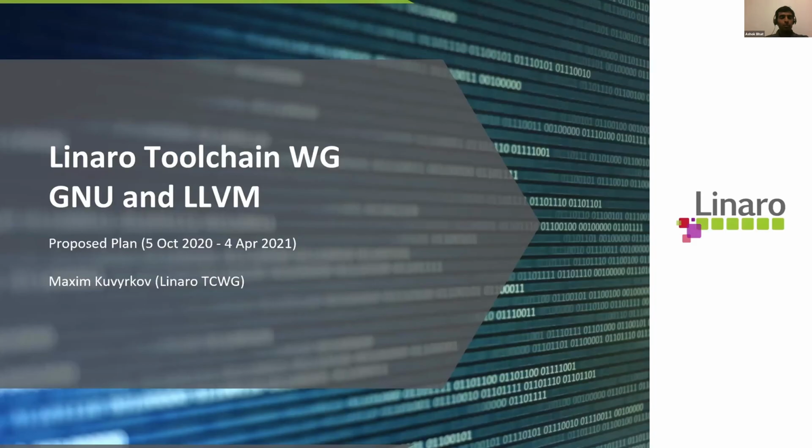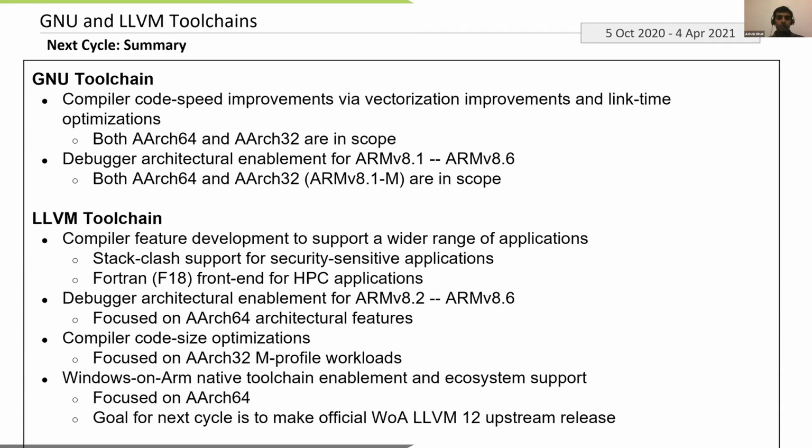Now I'll quickly move to the Linaro toolchain working group proposed plan. I don't want to go through it in extensive detail, but the slides will be available later, and all the links that are there are publicly available, so Jira links.